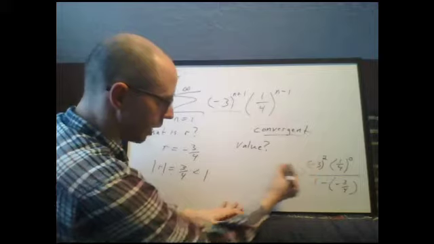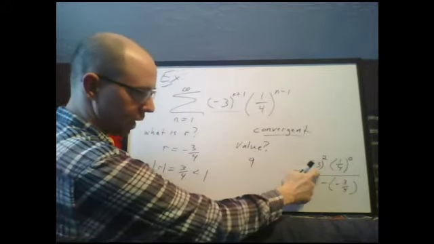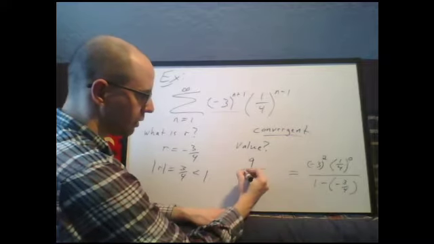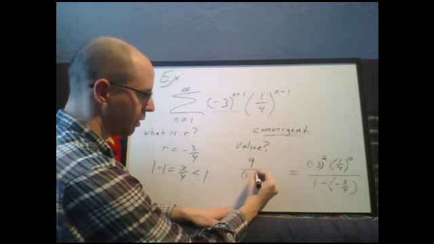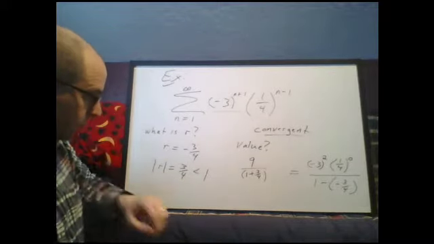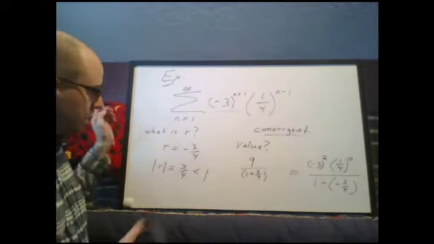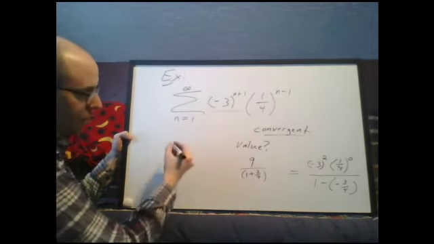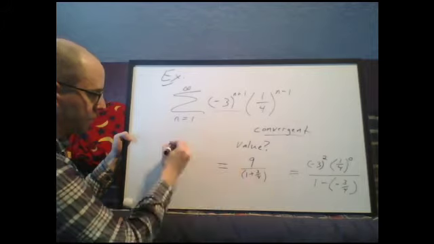So we get 9 on top, 9 times 1, divided by 1 plus 3/4. 1 plus 3/4 is 7/4. I'm working backwards here.